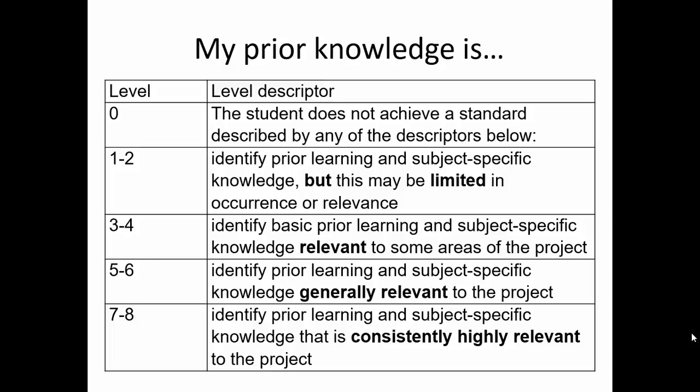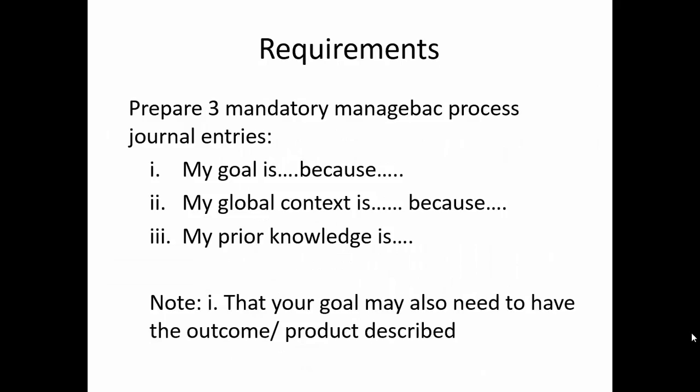So you need to identify any things that you've done which may relate to your project, and try and give this as much detail as possible. Again, I recommend that you think about all of the elements which you've done previously at school that could support your overall project.